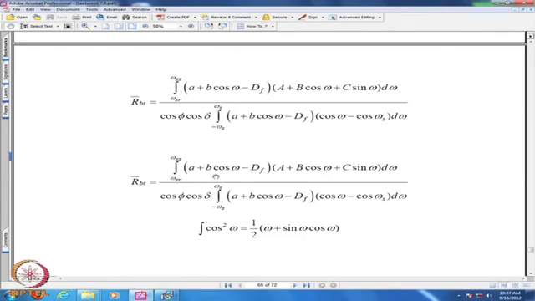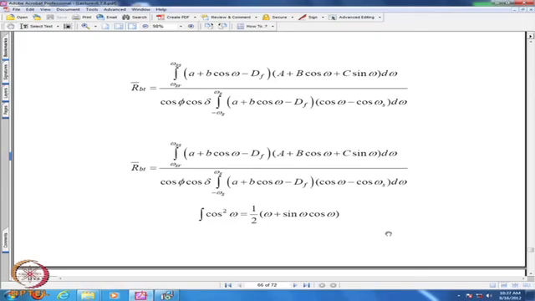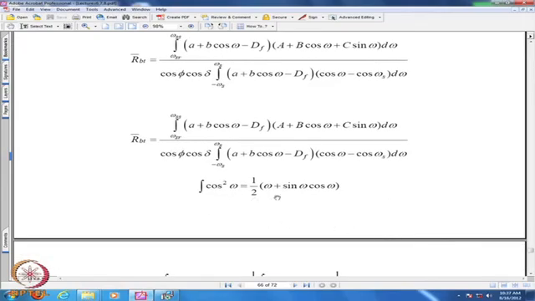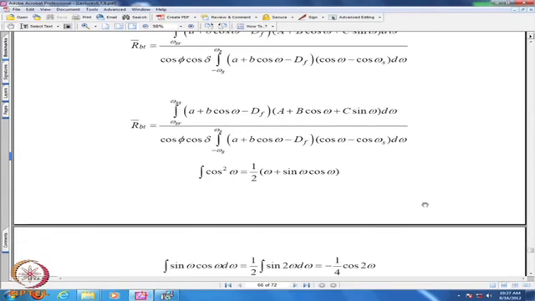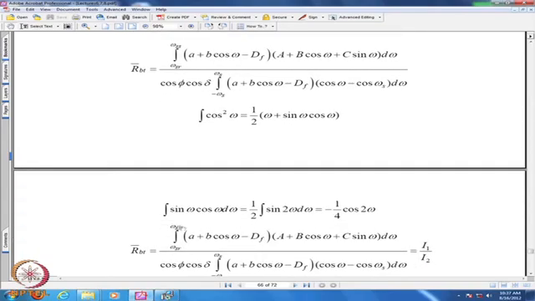Integration will be b into this, b cos omega will be giving me cos squared omega. To make you feel comfortable, cos squared omega has a simple integral: omega plus sin omega cos omega. The other thing, somewhat less complicated, is sin omega cos omega d omega, which is half of sin 2 omega d omega, that is minus 1/4 of cosine 2 omega.